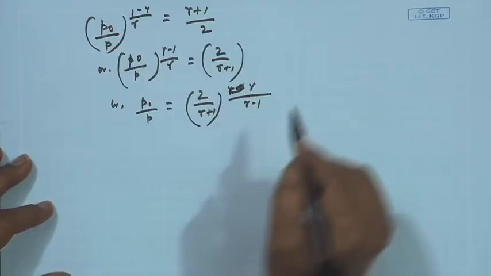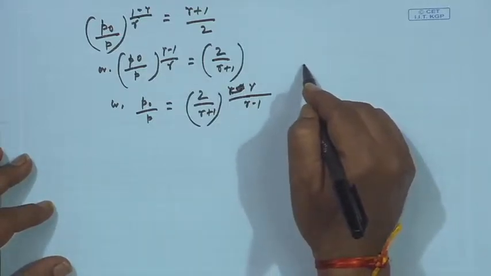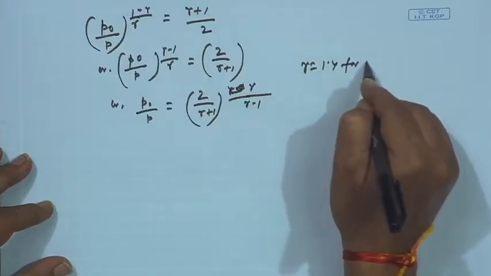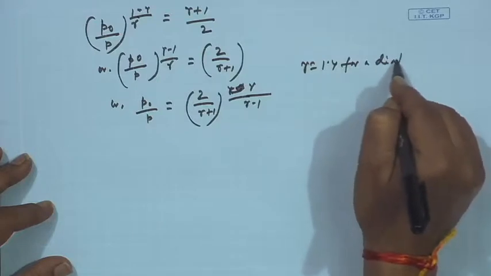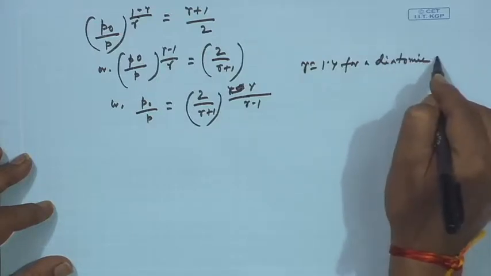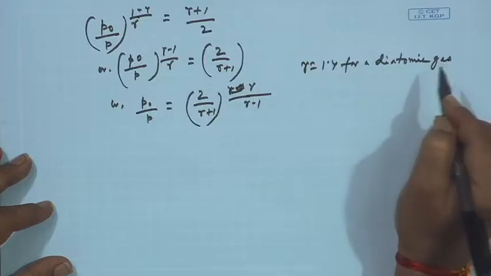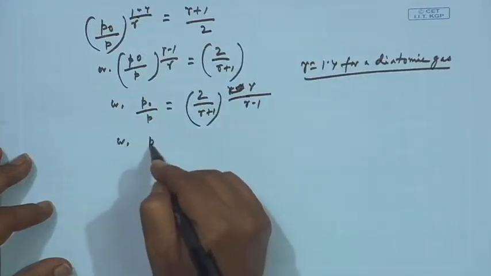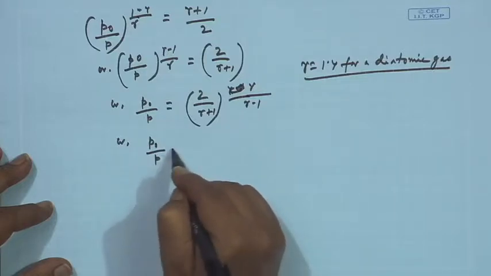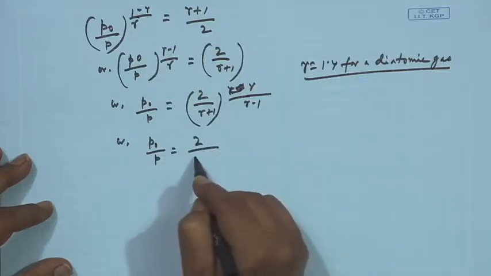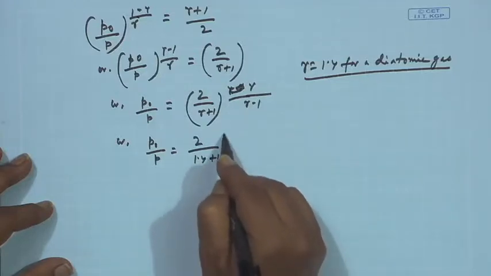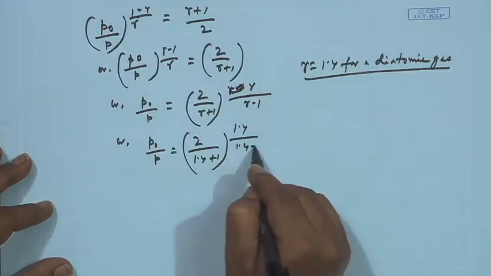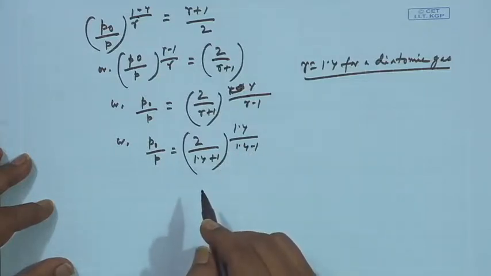Now if we assume that gamma is equal to 1.4 for a diatomic gas, then we can write P0 over P is equal to 2 by 1.4 plus 1 to the power 1.4 by 1.4 minus 1, right.